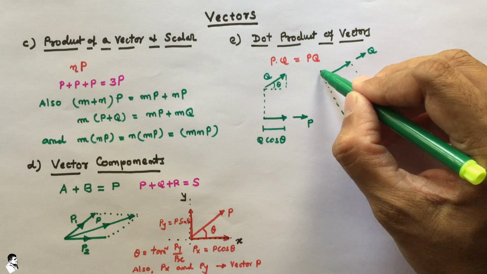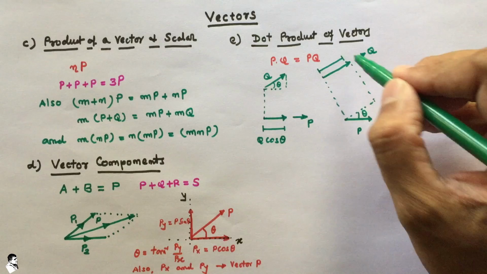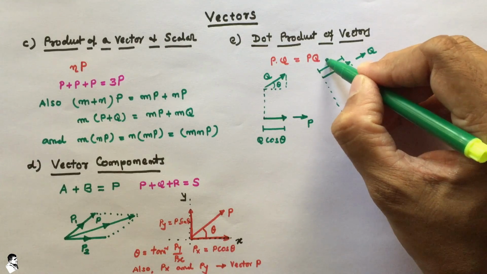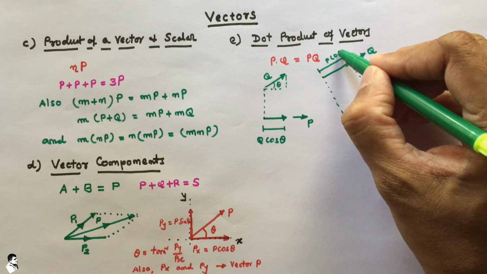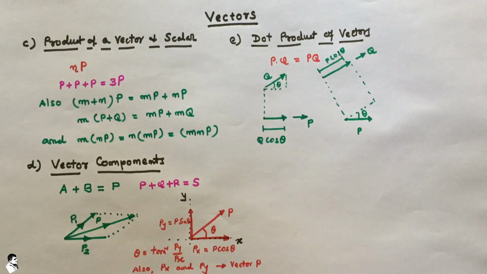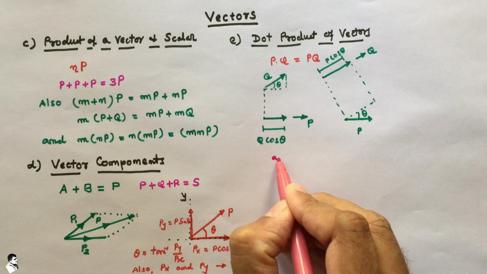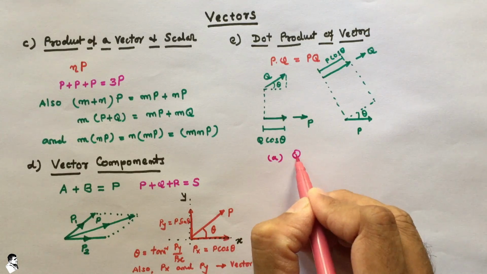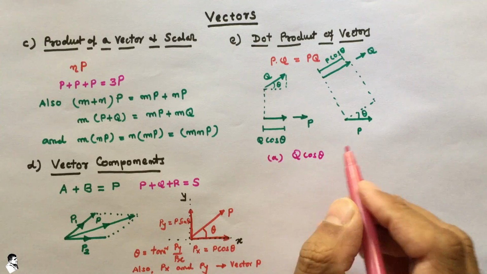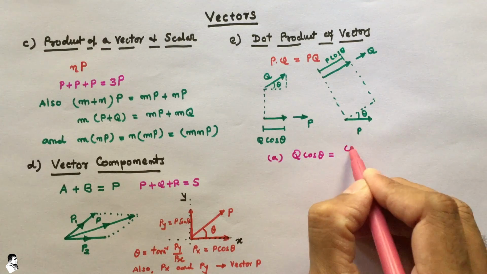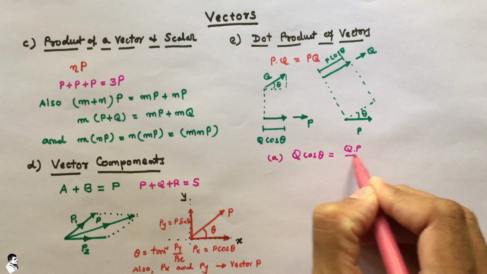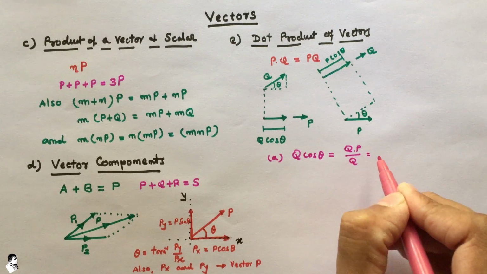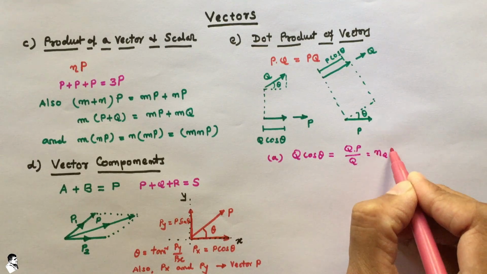So this component with respect to p is p cos theta. So from the above figure we can write down that q cos theta equals q · p divided by p, which is equal to n_p · q.